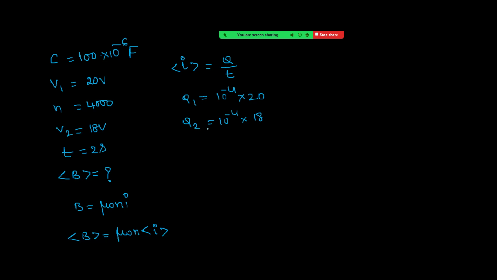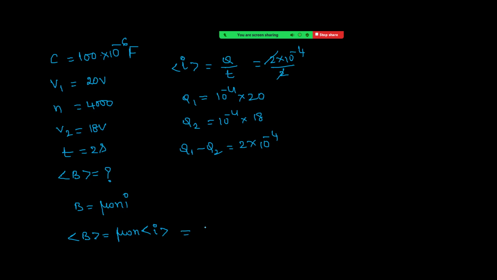So how much charge has flown? That is Q1 minus Q2, which is 2 into 10 power minus 4. This much charge has flown in 2 seconds. Therefore the average current is 2 into 10 power minus 4 upon 2 seconds, and 2 gets cancelled.